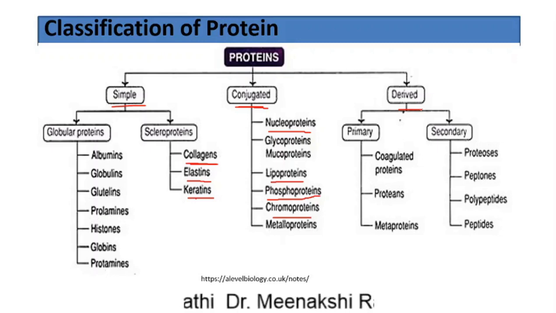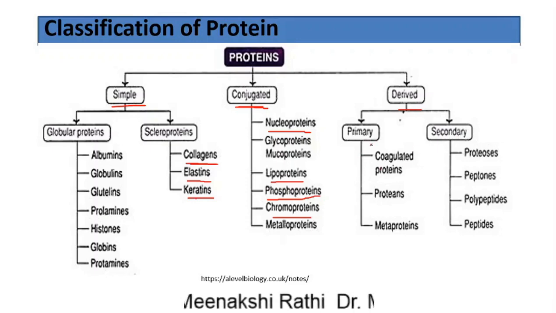Primary derived proteins are denatured or coagulated or first hydrolyzed products of proteins, while secondary derived proteins are degraded due to breakdown of peptide bonds.